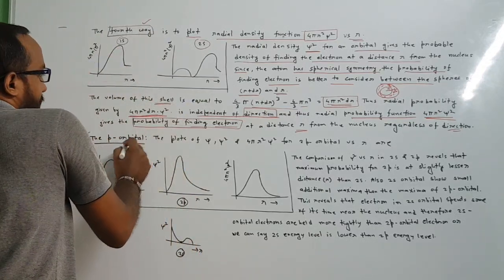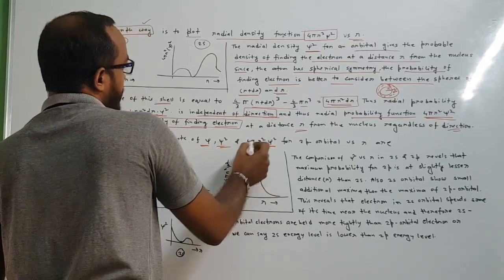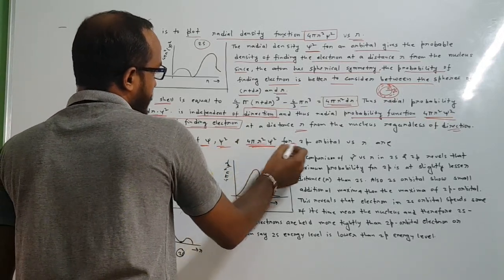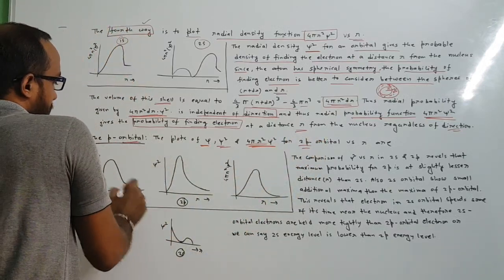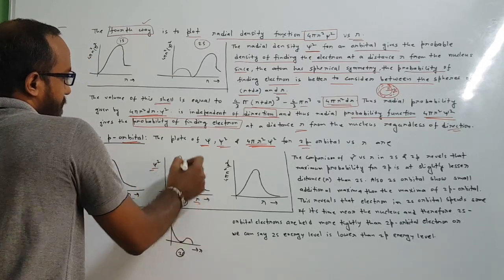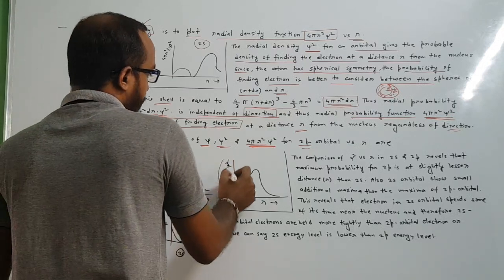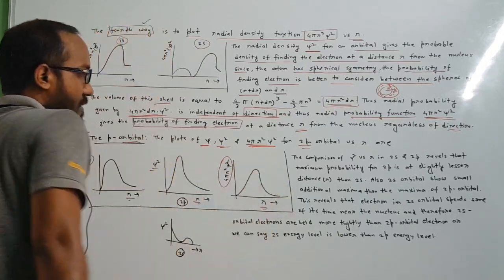For the p orbital, the plot of psi square and the probability density function 4 pi r square psi square for the 2p orbital versus r: these are the psi versus r curves, and for the 2p orbital the psi square versus r curve is something like this, and the probability density function 4 pi r square psi square versus r curve looks something like this.